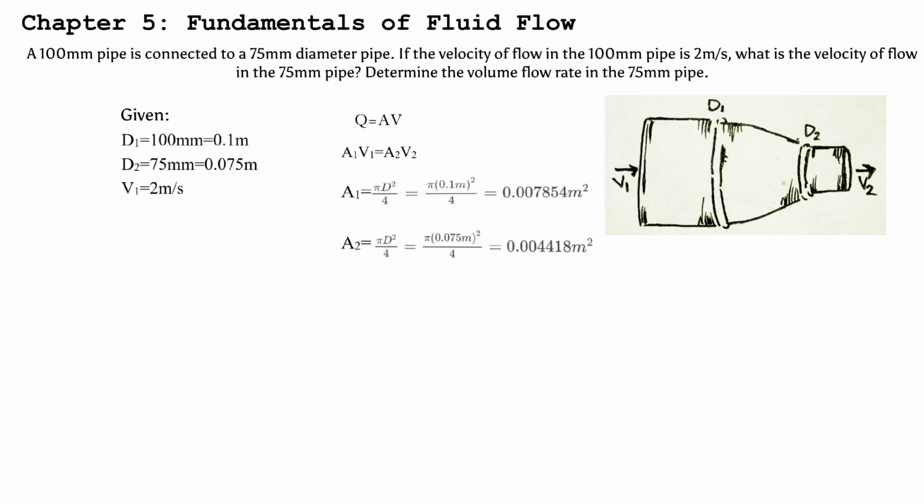Plugging in the values, we get 3.56 meters per second. So the velocity of flow in the 75 mm pipe is 3.56 meters per second.